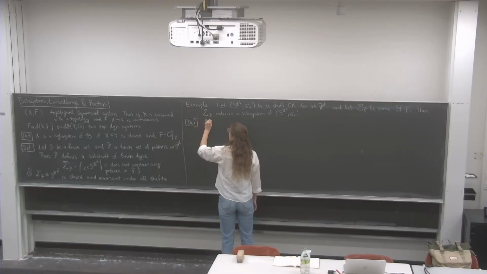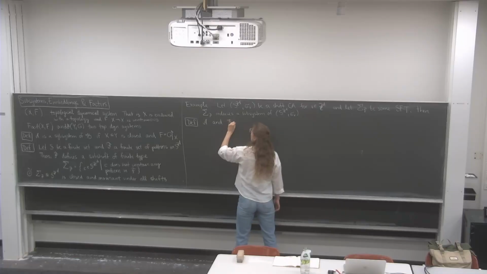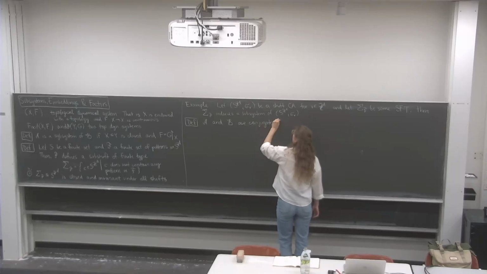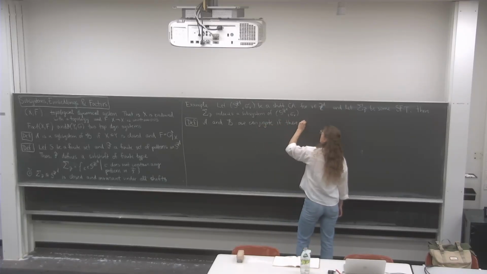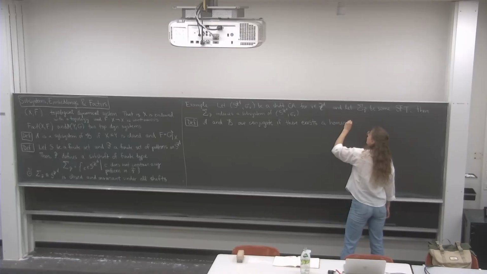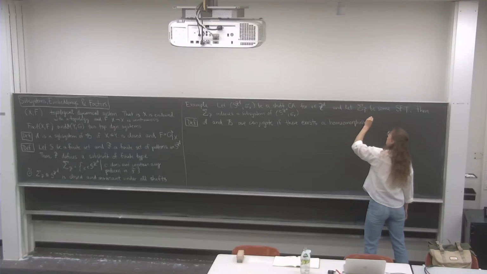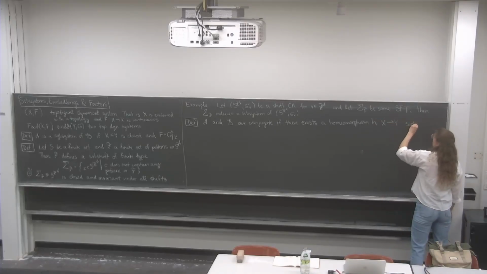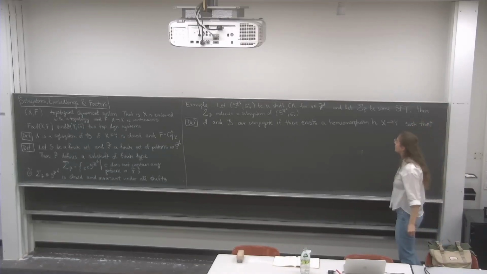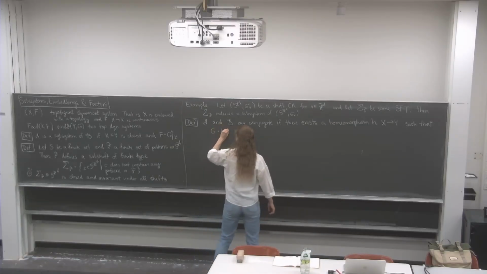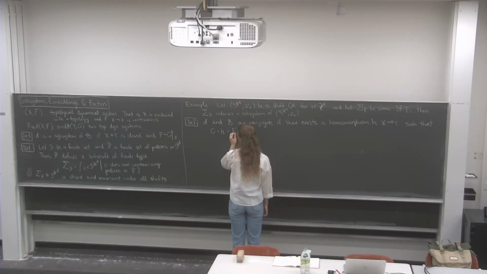So A and B are conjugate if there exists a homeomorphism H from X to Y such that we can first apply H and then G, or the other way around.